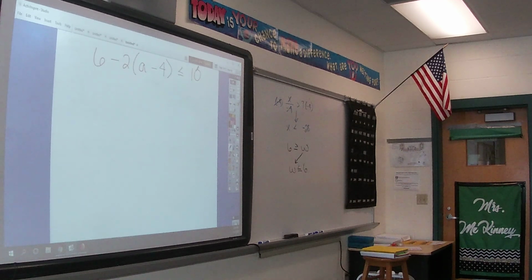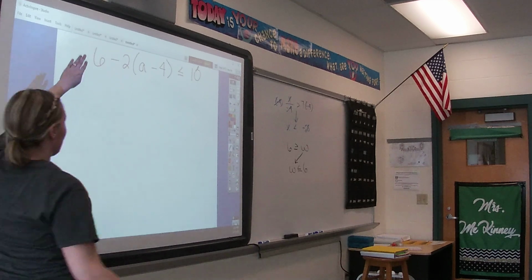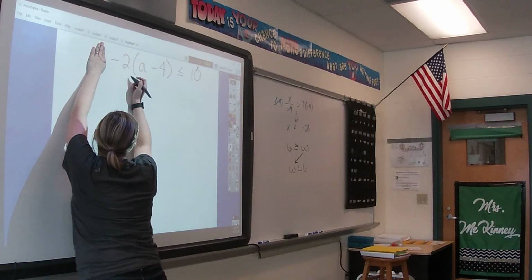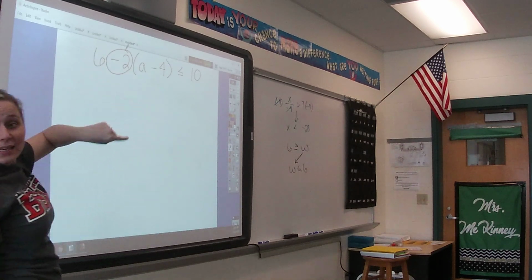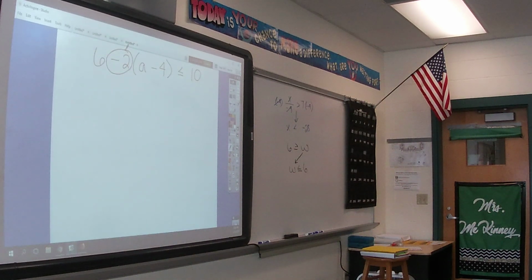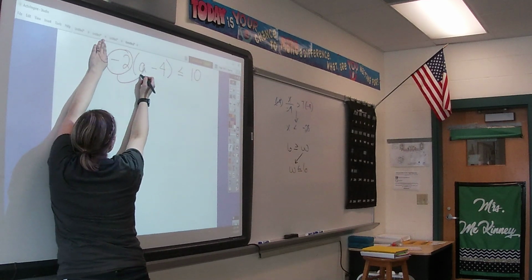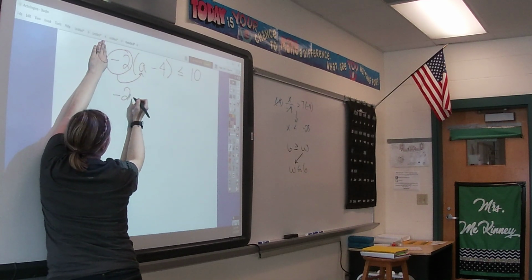If we see parentheses, what do we need to do? Distribute. So I'm going to take what number here? Negative 2. That negative goes with the 2. If you don't take that negative with it, everything else is wrong. A negative 2, which gives us a negative 2a.